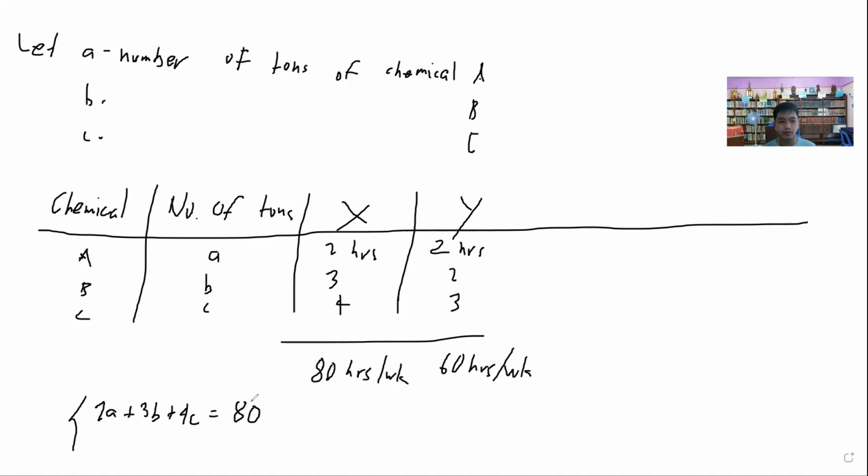Ito yung number of hours kay machine X. Okay? Then, si Y ay 2A plus 2B plus 3C equals 60. Okay? So, we have E1, E2.